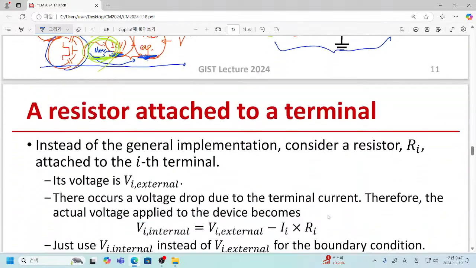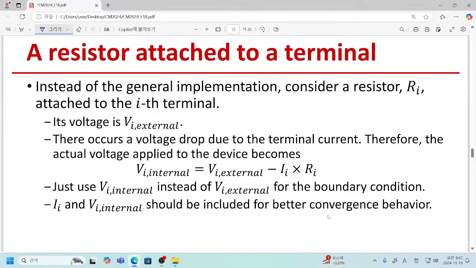Considering the general situation would be quite involved. However, in our lecture material, we have introduced a really simple case, without processing or parsing that netlist file. Let's say that a resistor is attached to a terminal.